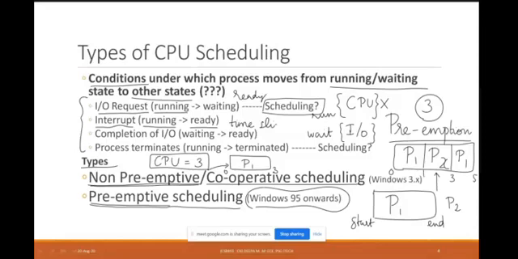In that case we go to the ready state, which means I want some other process to come and execute on the CPU, so I am moving the existing process from the CPU to the ready state. The third point is completion of IO. Say an IO operation is completed, then the process will come from the waiting to the ready state. The last one: when the process terminates, it will go from running to terminated state.